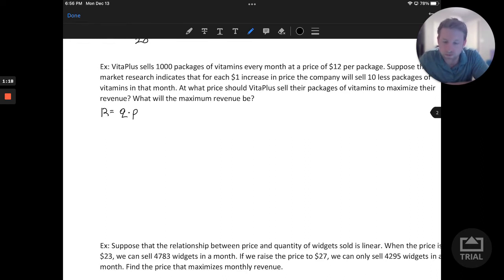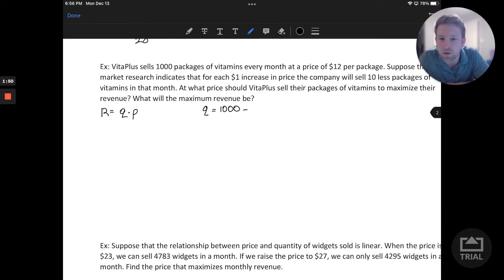So currently we are selling 1,000, and once we do the increase of $1, we would be selling 10 fewer. So one way we could say that is that Q, just jot this down, is currently 1,000, but it'll go down by 10 every time we have an increase in price.